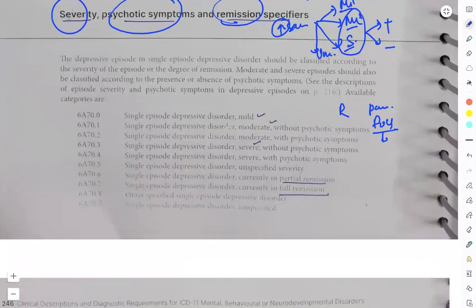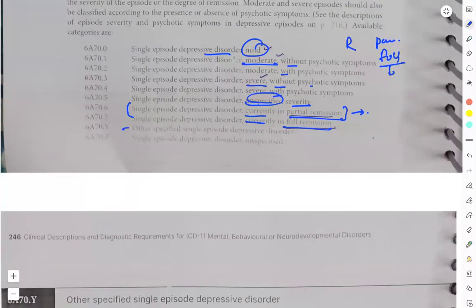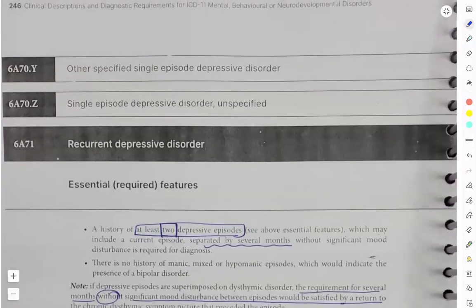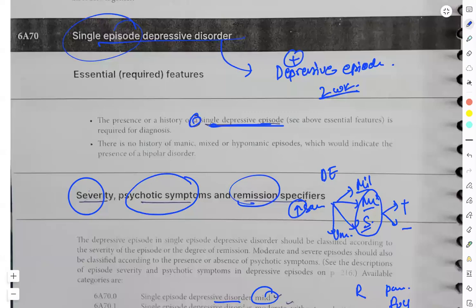So if you see here, single episode depressive disorder mild, moderate, severe, with or without psychotic symptoms, unspecified severity, currently in partial remission, currently in full remission. They are not describing whether it was a mild or moderate episode, just partial remission. Then we have other specified and unspecified depressive disorders. Okay, now this was single episode depressive disorder. Very, very simple.